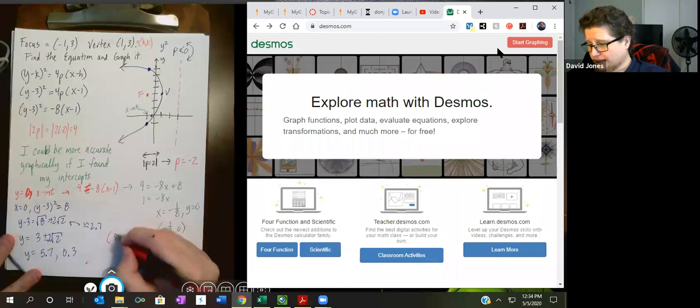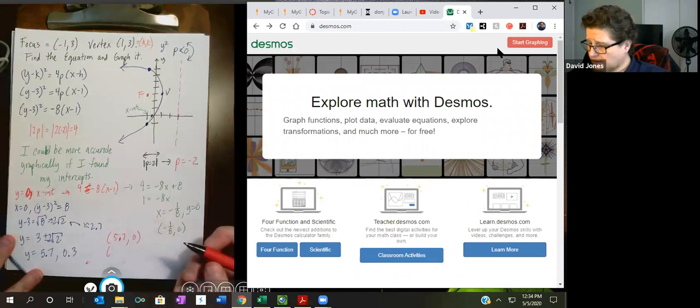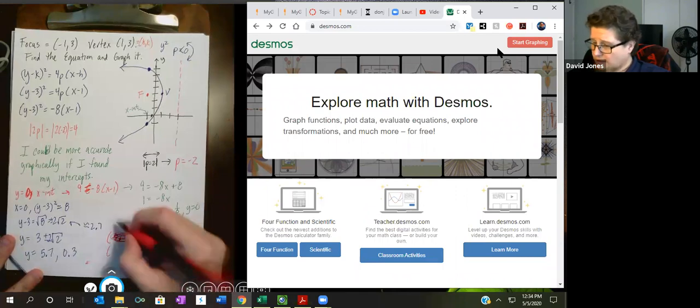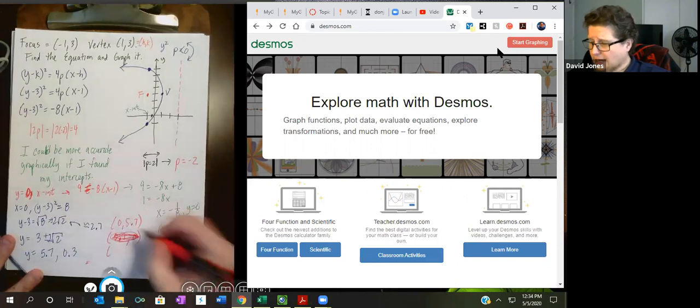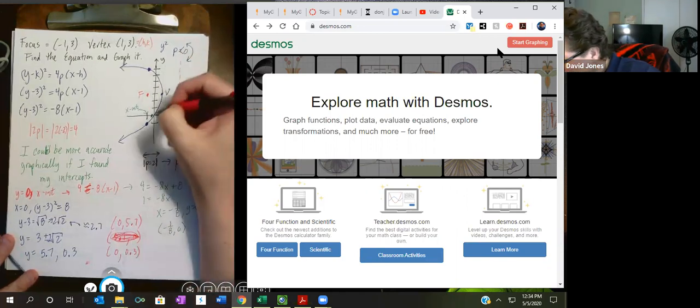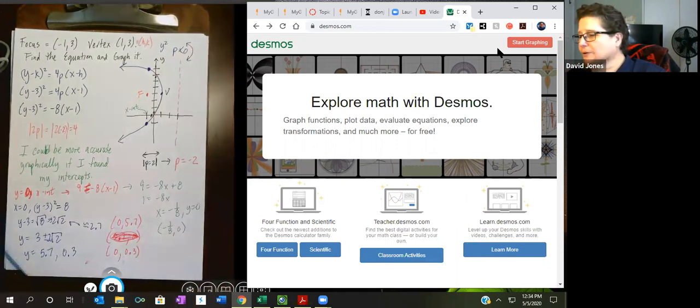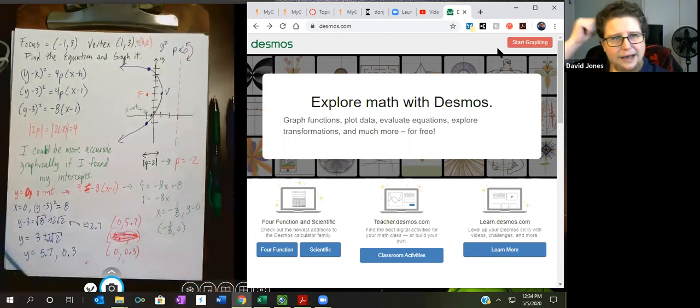So we have (0, 5.7) and (0, 0.3), which means this should have been a little bit higher right there, and a little bit lower right there. Not a bad freehand, considering I was using the focal width. The curvature should look about right.